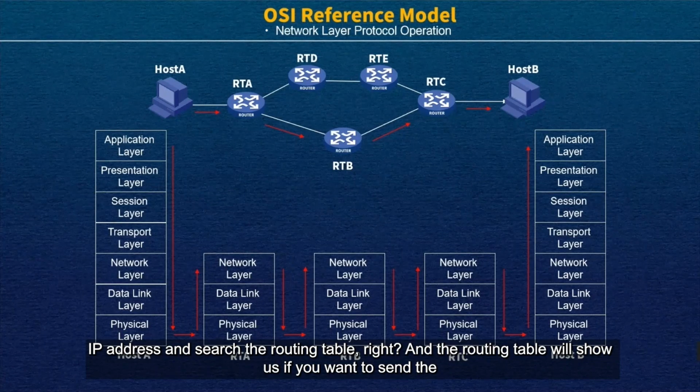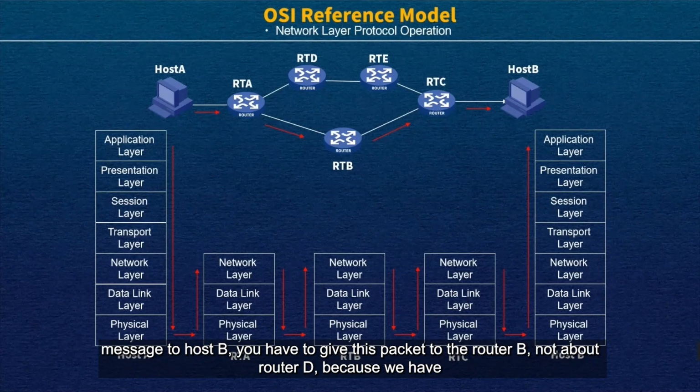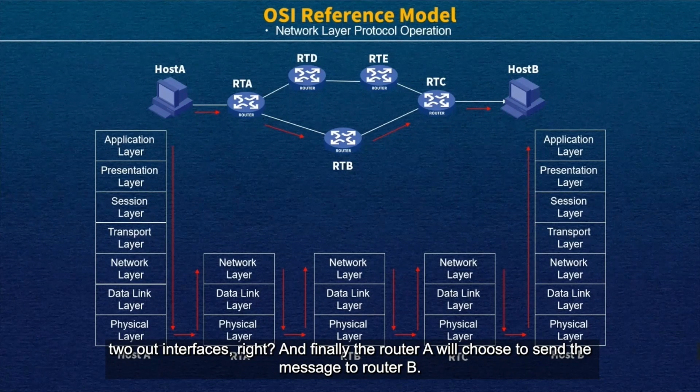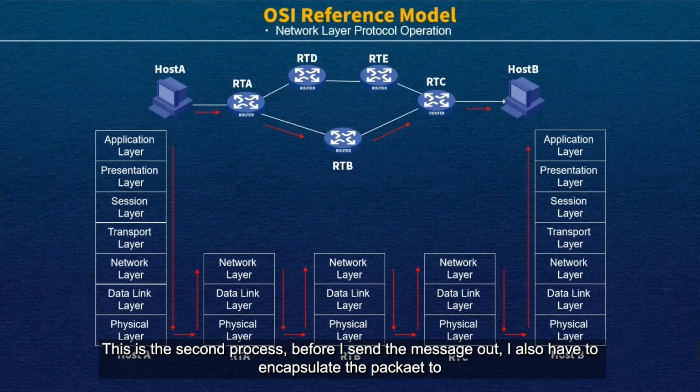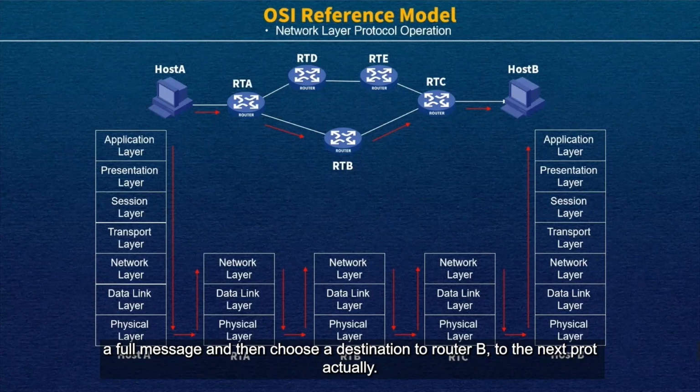And the routing table will show that if you want to send the message to host B, you have to give this packet to router B, not router D, because we have two outgoing interfaces, right? Finally, router A will choose to send the message to router B. This is the second process. Before I send the message out, I also have to encapsulate the packets to become a full message and then send it to the destination, to router B, the next hop actually.